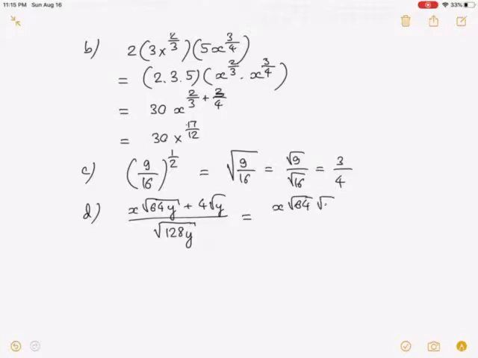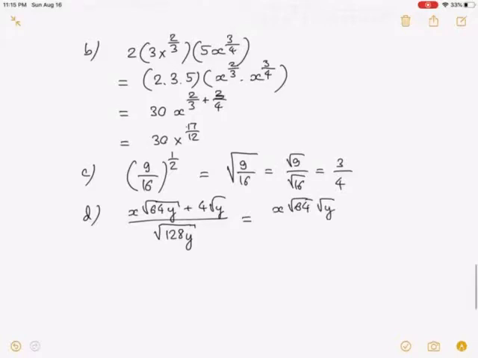So we can write as x square root of 64 square root of y plus 4 square root of y over square root of 128 square root of y.